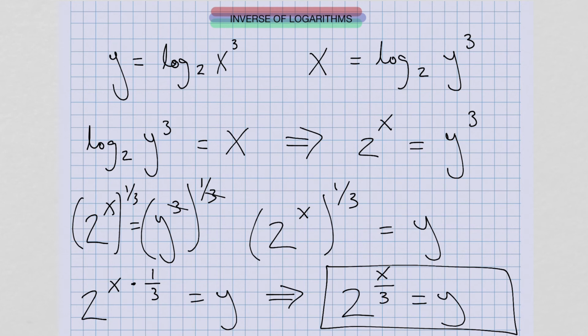Simply going back to your algebra, when you have a power being raised to another power, you multiply those together. And that's this point here. We have 2 raised to the x times 1/3. So here's our answer. We invert this logarithm, and this is what we get for the answer.